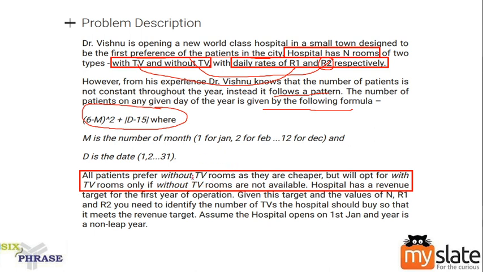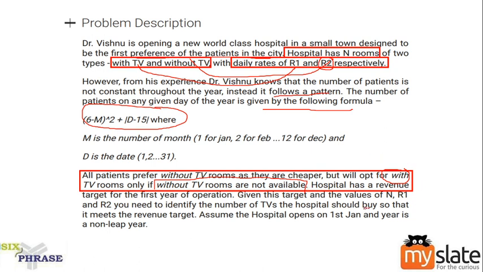But if the without TV rooms are not available, then they will opt for with TV rooms. I hope the concept is clear. You have a set of rooms, some with TV and some without TV. First, without TV rooms will be filled up, followed by that, rooms with the TV will be filled up.